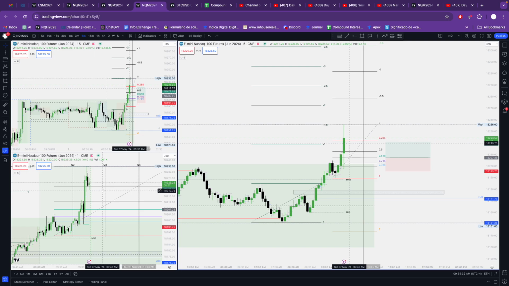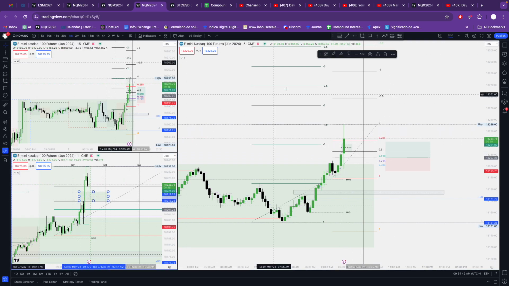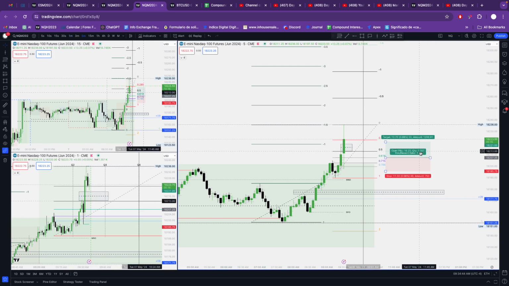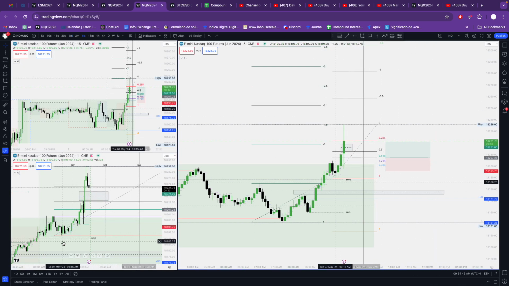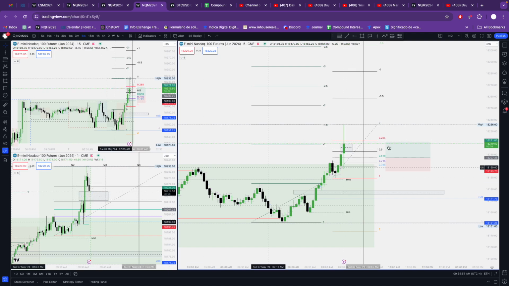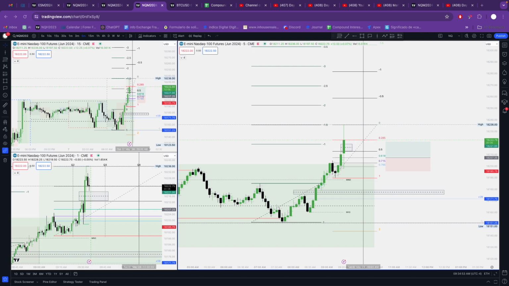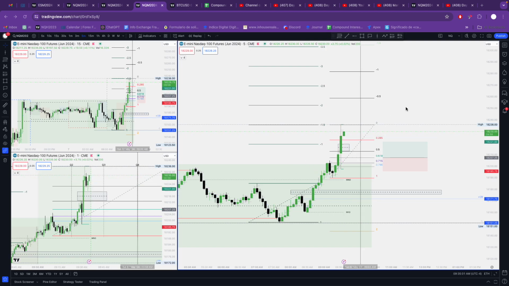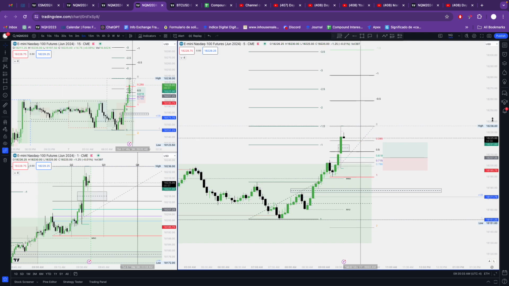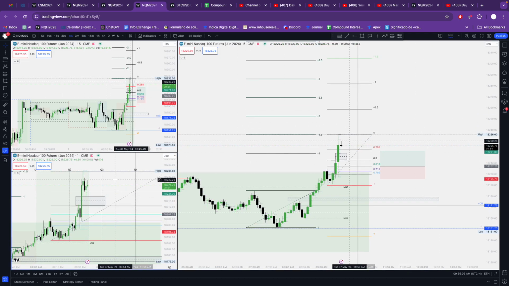The question now is where can we come to for potentially this fair value gap here, which is in premium, so we kind of want to stay away from those, right? Then we could come down here on the 15 second and look for a setup to take. So this would be a retracement leg, right? This would be one of those, I don't want to say low probability, but not all the way high probability setups.